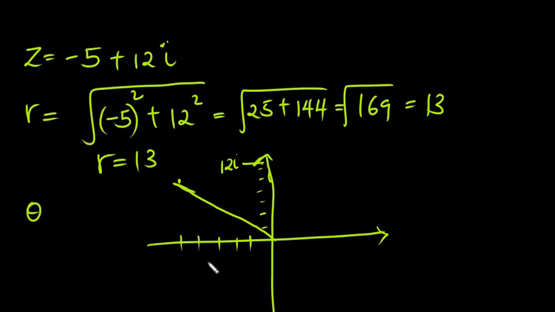We moved to the left 5 units and 12 units on the imaginary axis, and this is 13 units. So the angle that we are interested in is the whole of this angle, from down here all the way to here. That is the value of theta.